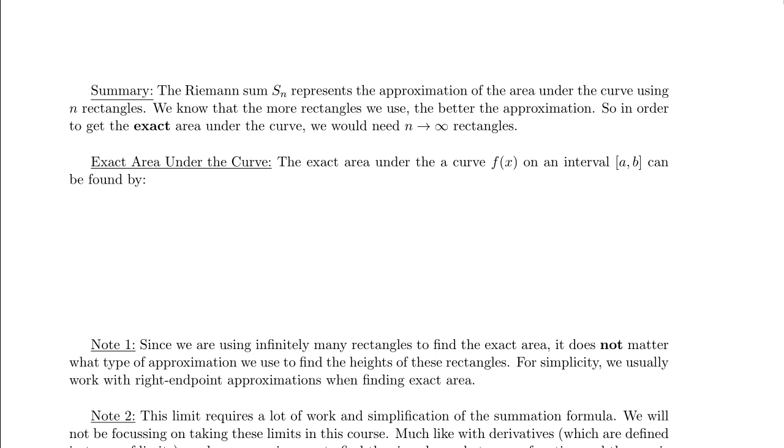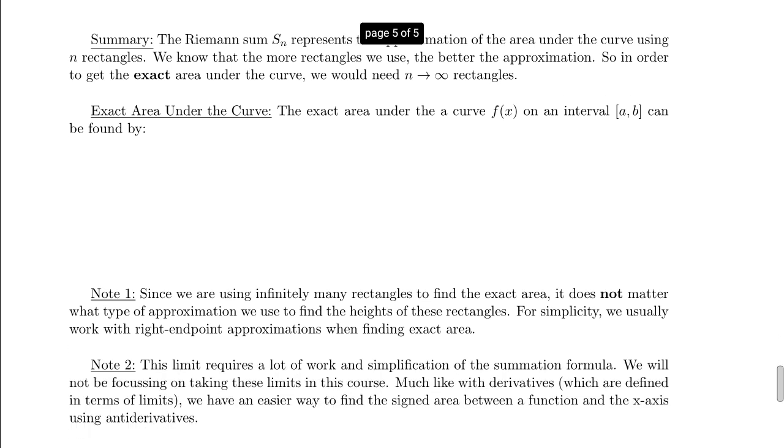We actually can represent this area under the curve as a limit of the Riemann sum. So the exact area under the curve f of x on an interval a to b can be found by taking the limit as the number of rectangles goes to infinity. So our area exactly equals the limit as n goes to infinity of this Sn, of this Riemann sum.